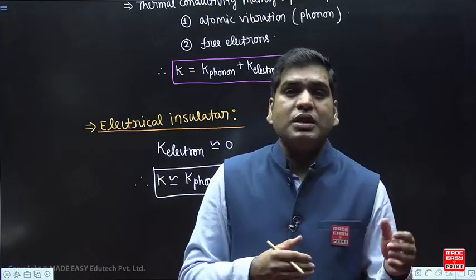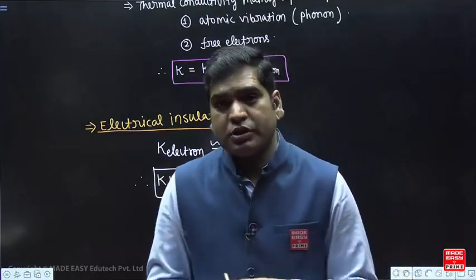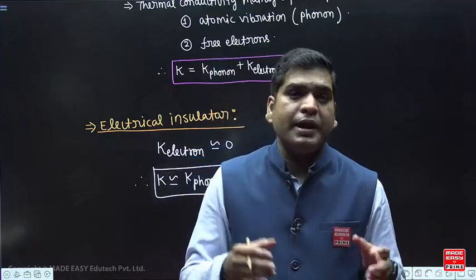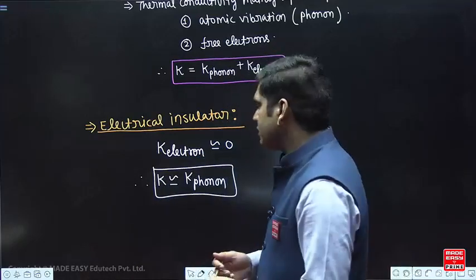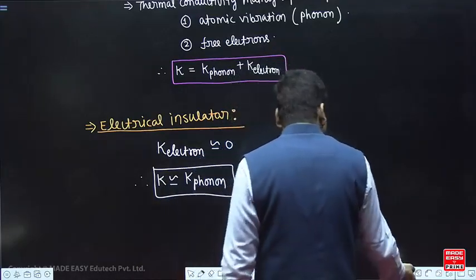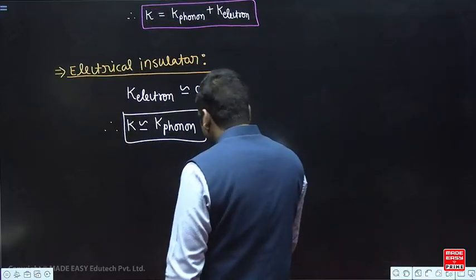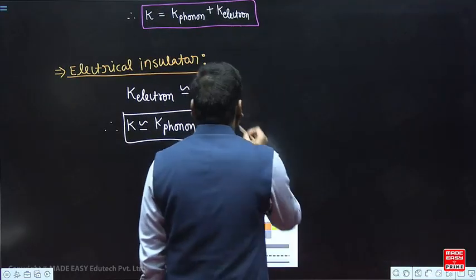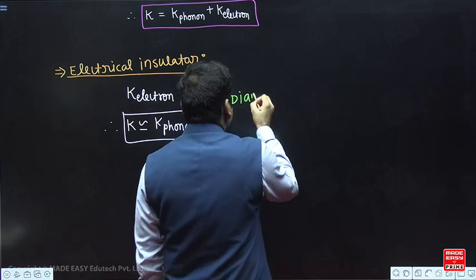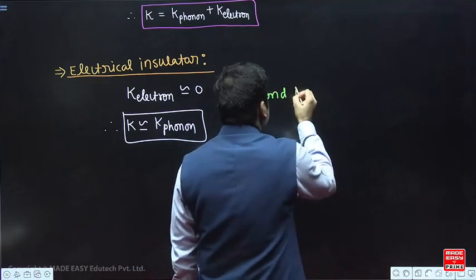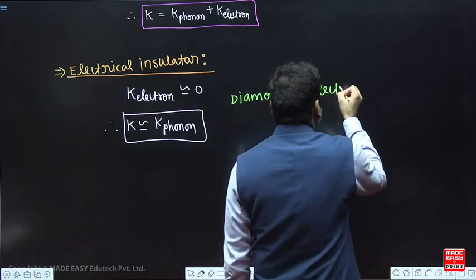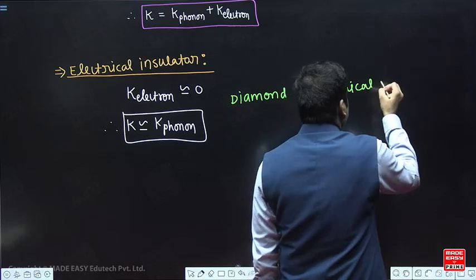As a result, a large amount of heat can be transported through diamond, and it becomes an excellent thermal conductor. So in diamond, the thermal conductivity is due to lattice vibration. Diamond is an electrical insulator.